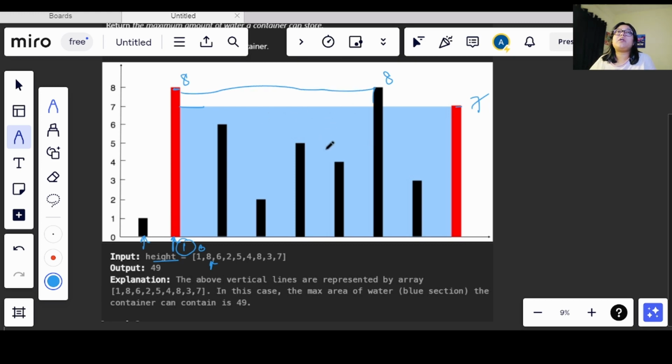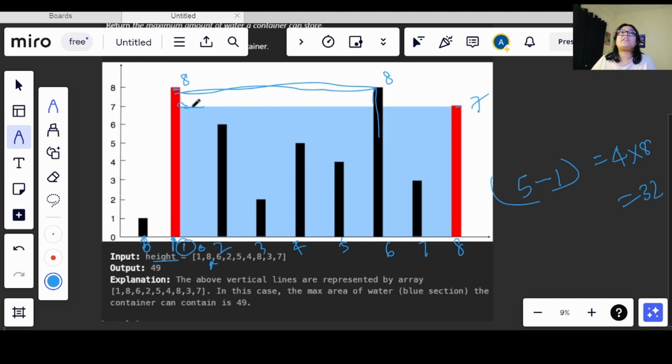But since we are considering the area, the distance between these two is 5 minus 1, which gives us 4. So 4 into 8 will give us 32. The area that we get from these two pillars is 32.